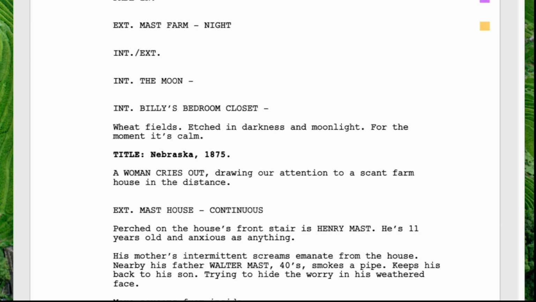But you're also writing for the reader, the people who are going to take a look at your screenplay, maybe to buy it. And you need to take them by the hand and guide them through space and time. And this last part of the scene heading is one of your most powerful ways of doing it.